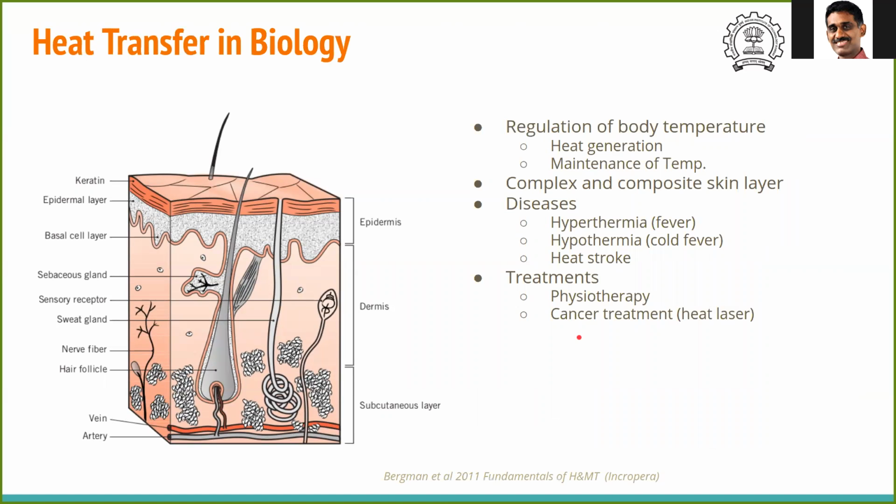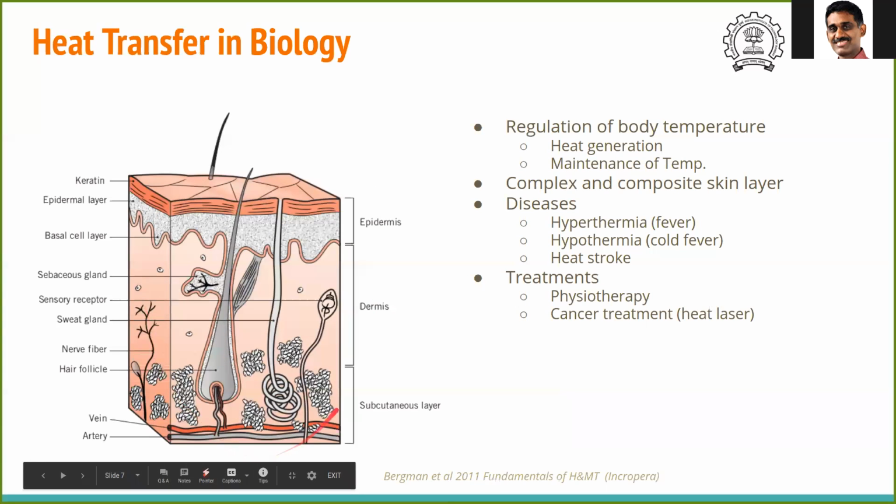Now, closer to our own body, any animal body requires to maintain the body temperature. All living organisms generate heat, and they have to maintain it. By maintenance of heat, what it means is that it has to prevent losses, and most of the losses happen through skin.